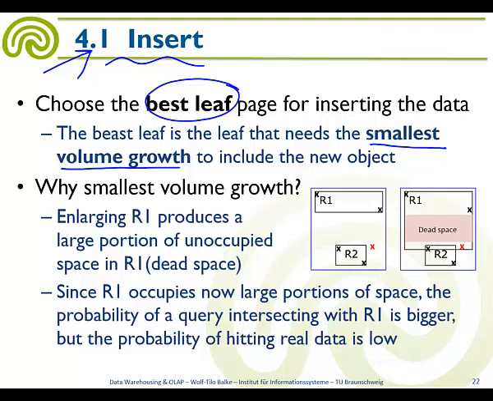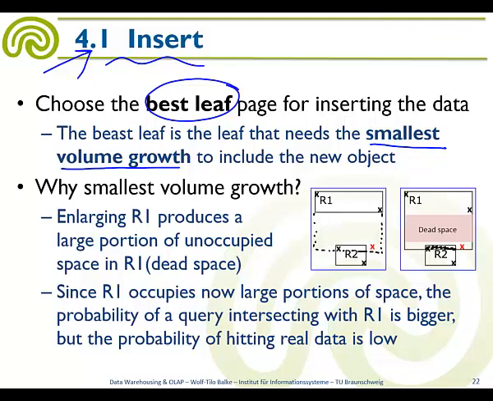So one of the criteria is the smallest volume growth. Another thing that you also need to look at is the overlapping. As you can imagine, if the minimum bounding rectangle grows very big, not only is it more probable that your search query will end up in that space, but your bounding rectangles are big, and this also raises the chances that you're going to get overlaps.